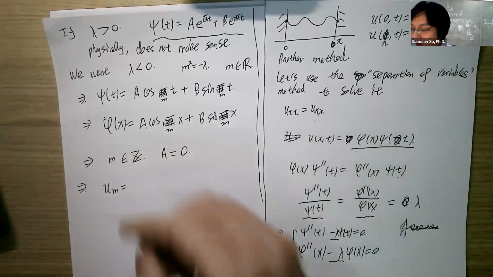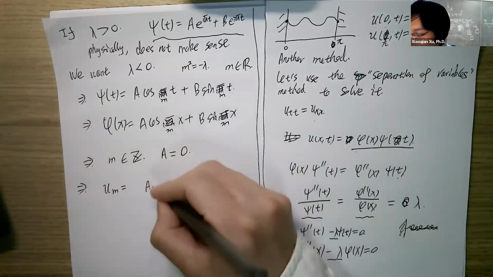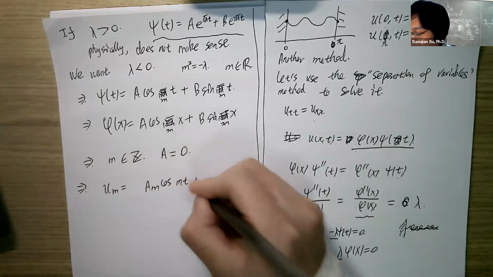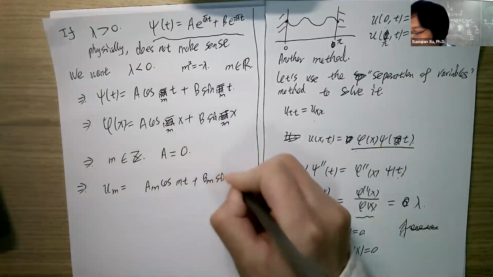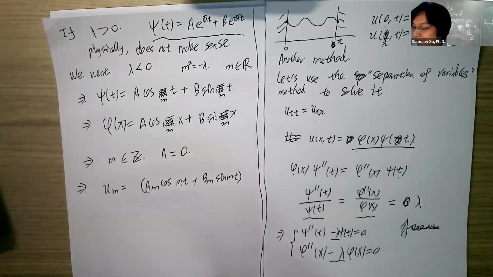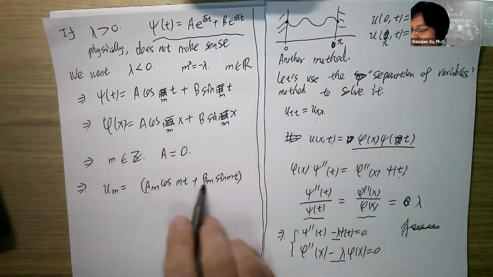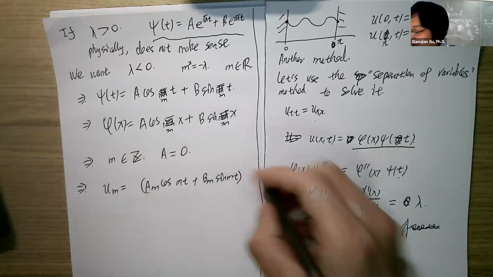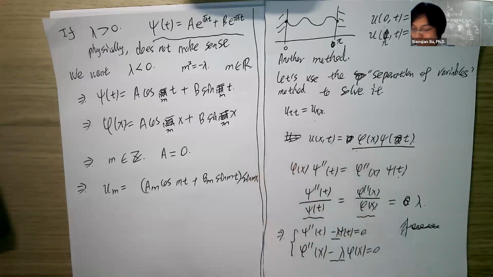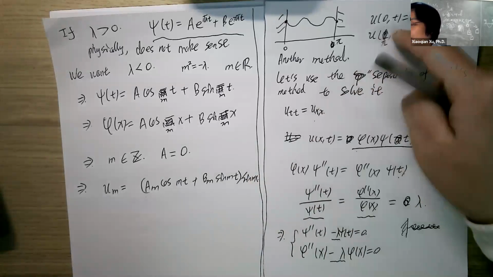It can be written as something like a_m cosine mt plus b_m sine mt, times some other constant, which we can put here, and times sine mx. Okay, so these kind of functions are solutions to our boundary value problem.